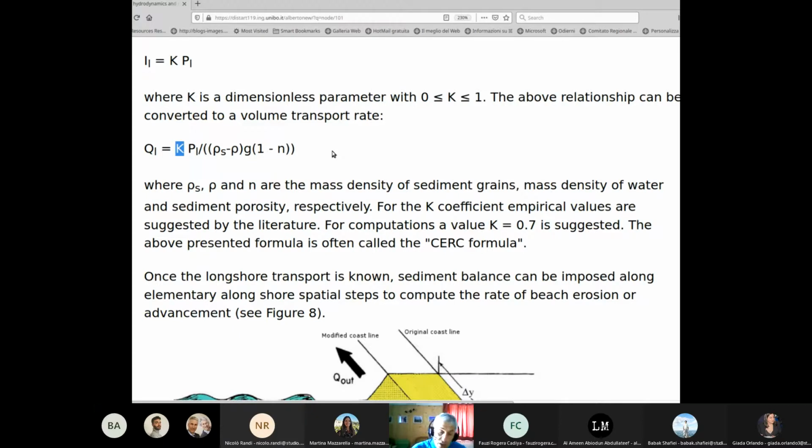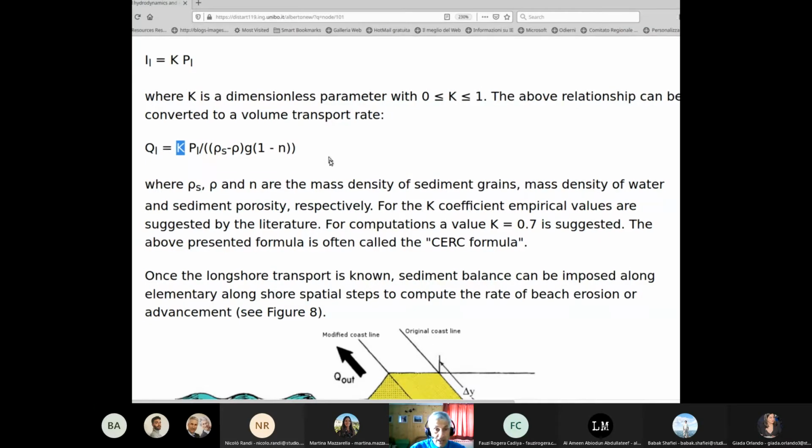And also, for the same place, the K value may change depending on the intensity and behavior of the waves. If you get a storm, for instance, instead of milder waves, then you may expect that K is increased. And it may also change according to the season.